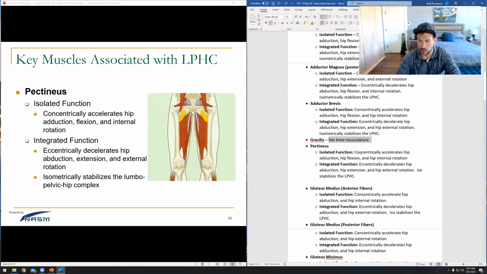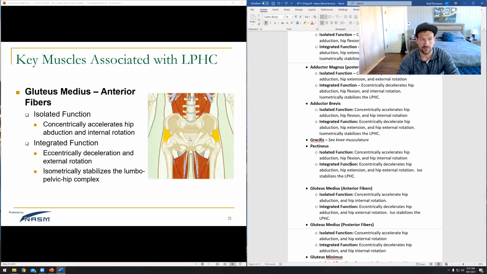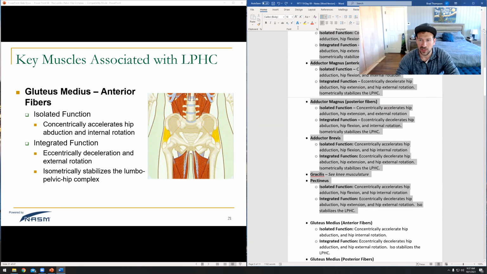I know it's in the adductor group here, but this is one where now we're starting to see it's much more of a hip flexor, which again, if it's an anterior pelvic tilt problem, that's where we start to see that. And then it is a hip internal rotator as well. So that's the pectineus muscle. Little tiny short one that lives right up here. So that was the adduction group.